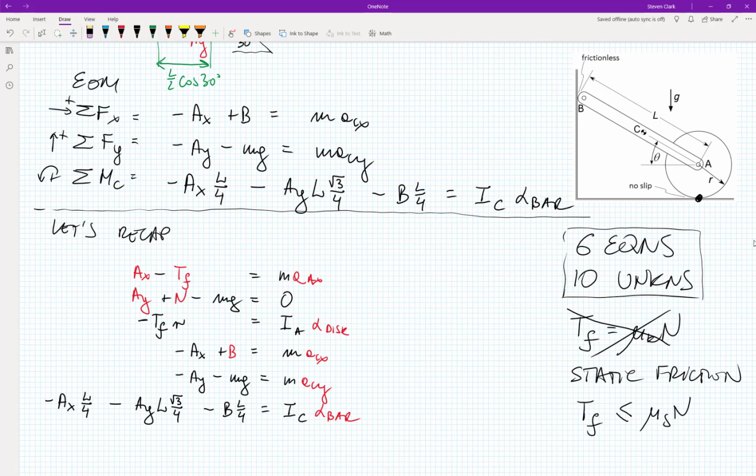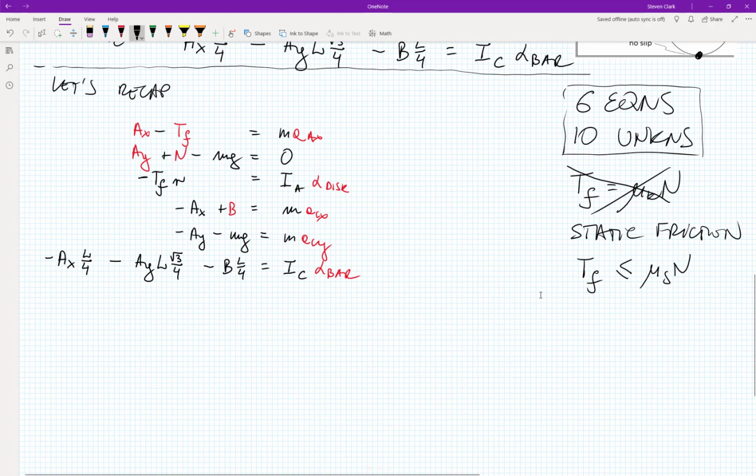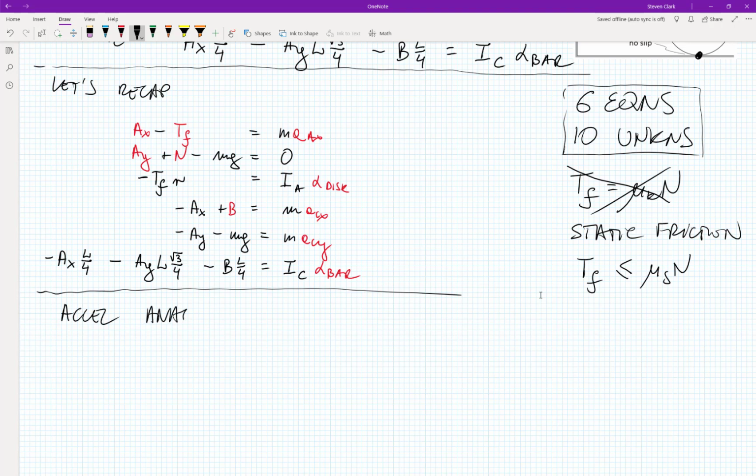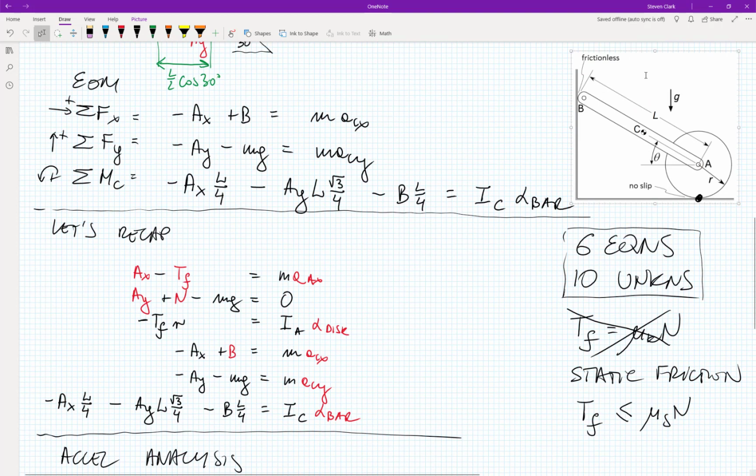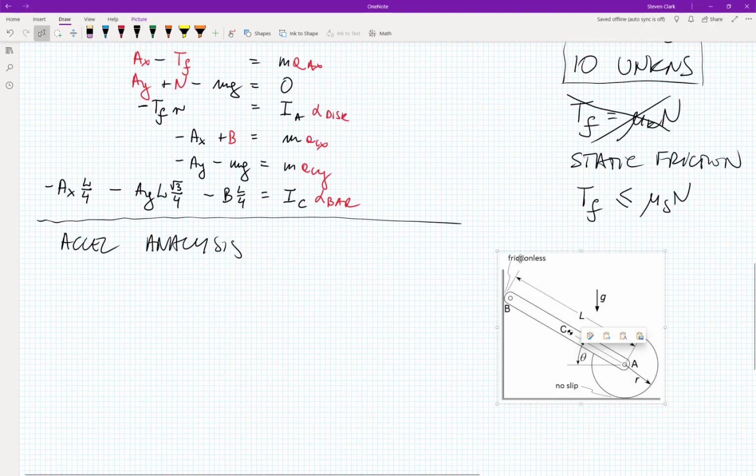So yeah, what's the other strategy? We can go for kinematics again. Yeah, we must do kinematic analysis of our system. So let's do it. Acceleration analysis. Okay, we need to find 4 equations.